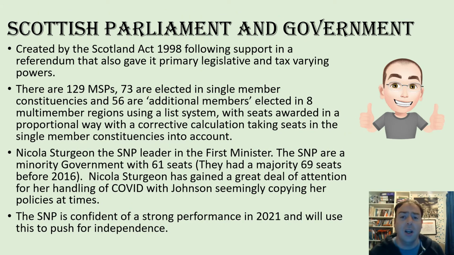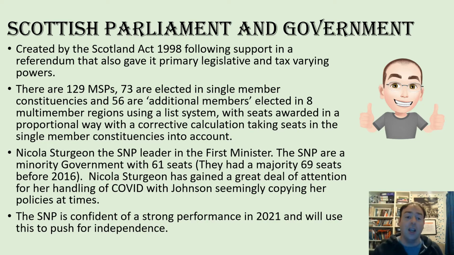The Scottish Parliament and Government. Well, this was created under the Scotland Act of 1998 following support in a referendum that not only supported the creation of a Scottish Parliament, but also giving it primary legislative and tax varying powers. There are 129 members of Scottish Parliament, 73 are elected using first past the post in single member constituencies, and 56 are additional members.